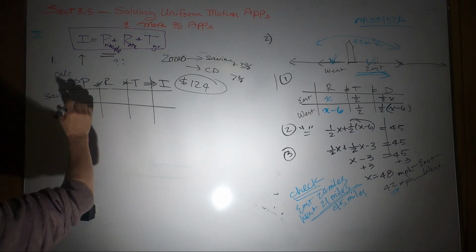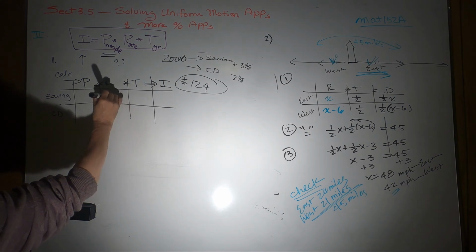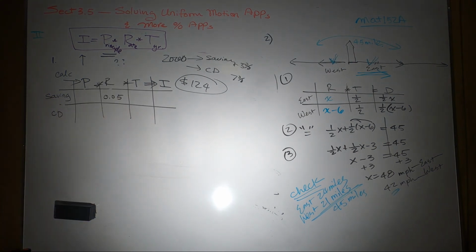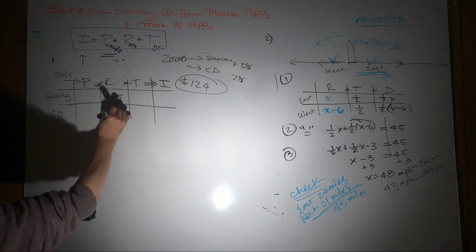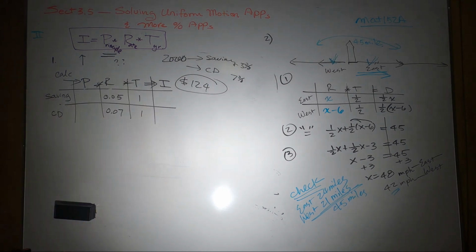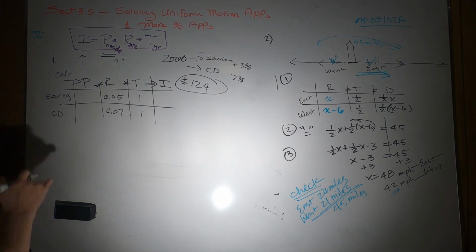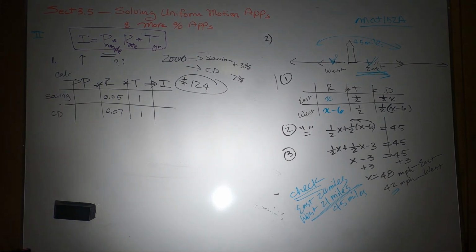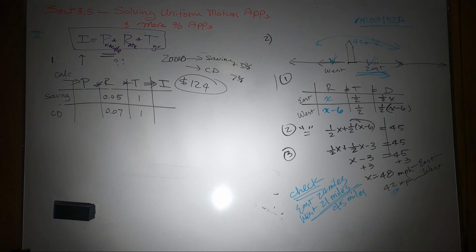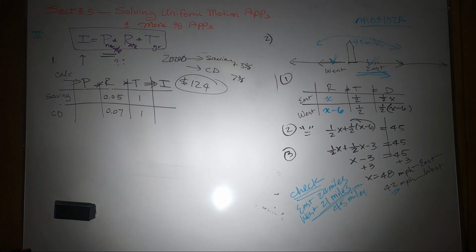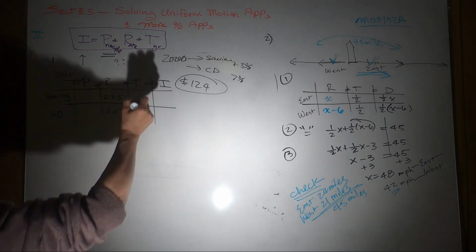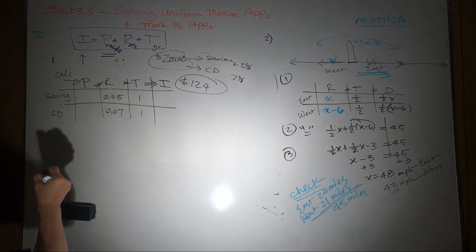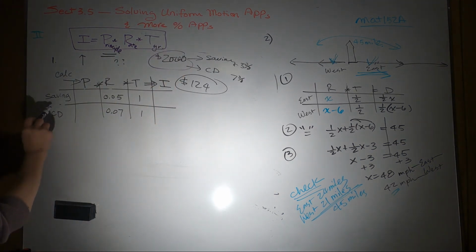So we know the rate for saving is what? 5%. So you write it in decimal. We calculate in decimals. So this is 0.07, and both are 1 year. How much do we put in the principal? Do we know? Not really, but we do know the total is $2,000, right? So we don't know what's in the saving, we just put x. Then what's in the CD?